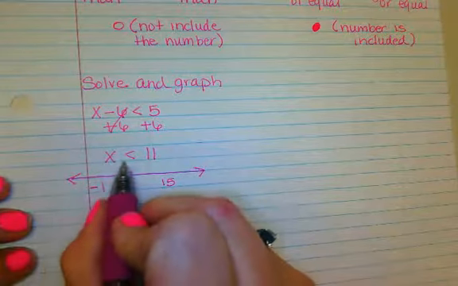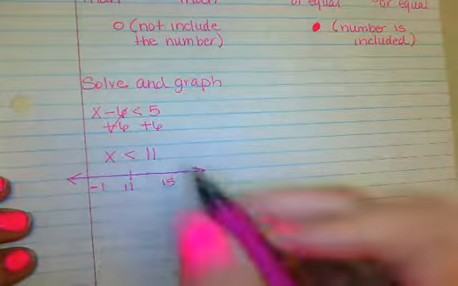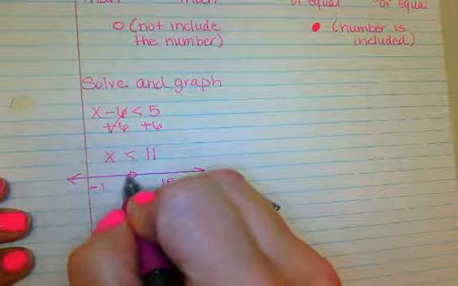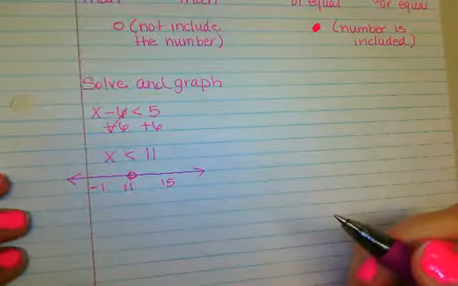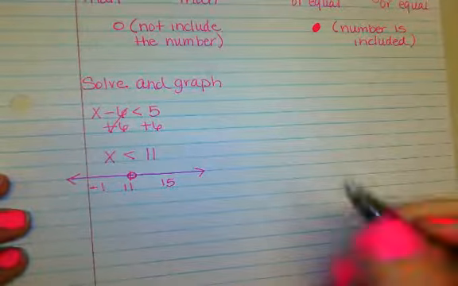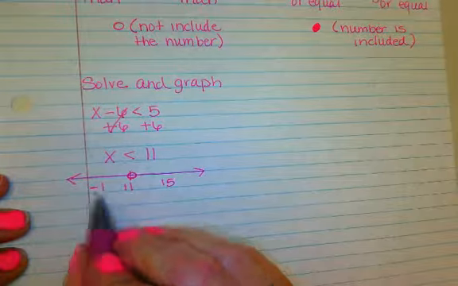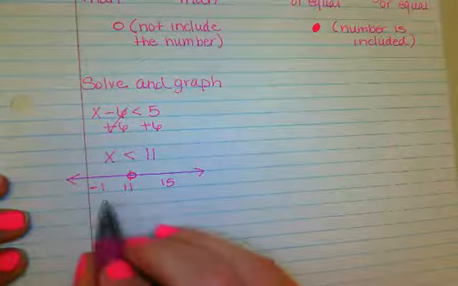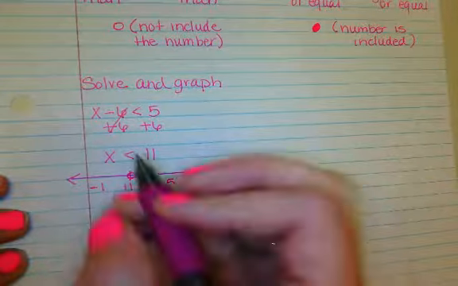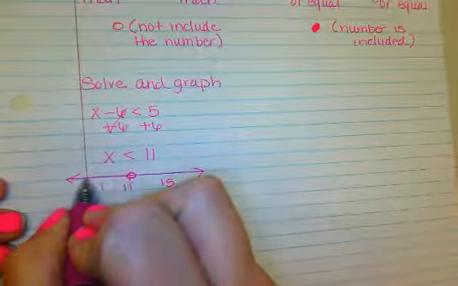So this says x is less than 11. Well, we know our dot is open. Now the question is, which way does our arrow go? Is it -1 or 15? Well, -1 is less than 11, so our graph is going to go that way.